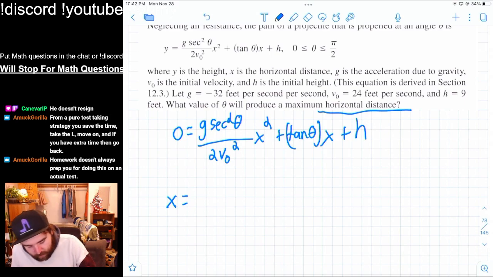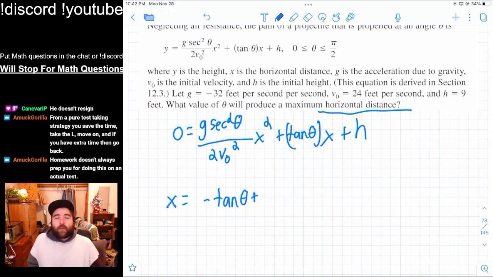So you just got to run it. You just got to go negative tan of theta, and then we'd say plus or minus, but there's going to be one answer to the left of where we're shooting it from and one answer to the right. We want the one to the right because that's positive time. So we want the plus version.